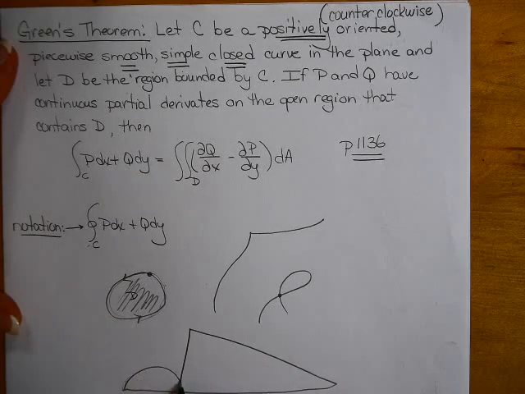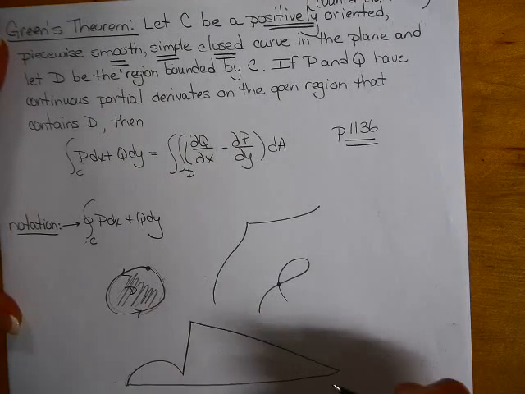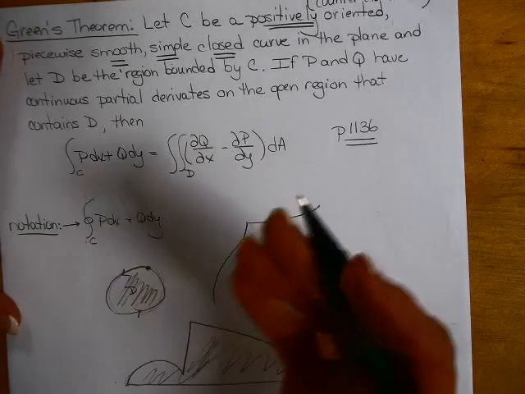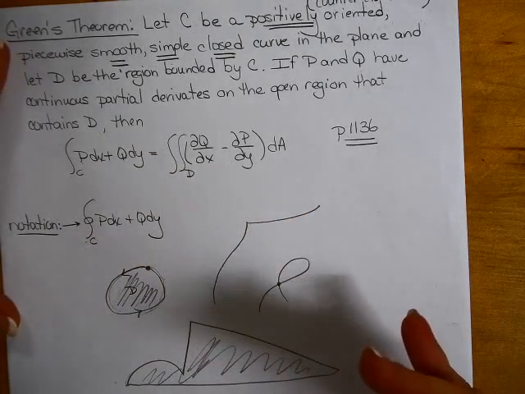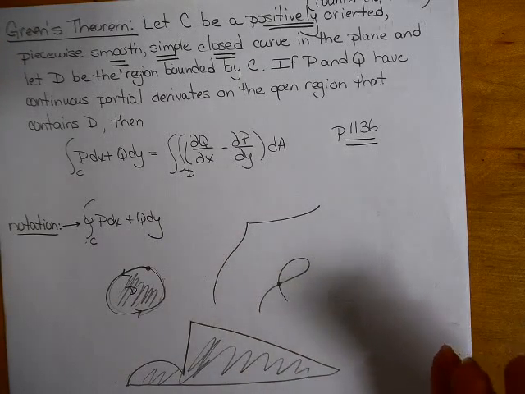You'd have to find a path for this, a path for this, a path for this, and a path for that, and do 4 different pieces. But it might be easier, not sure it would be, if you could convert it to a double integral over the region. That's kind of the idea of what we're doing here. Okay?